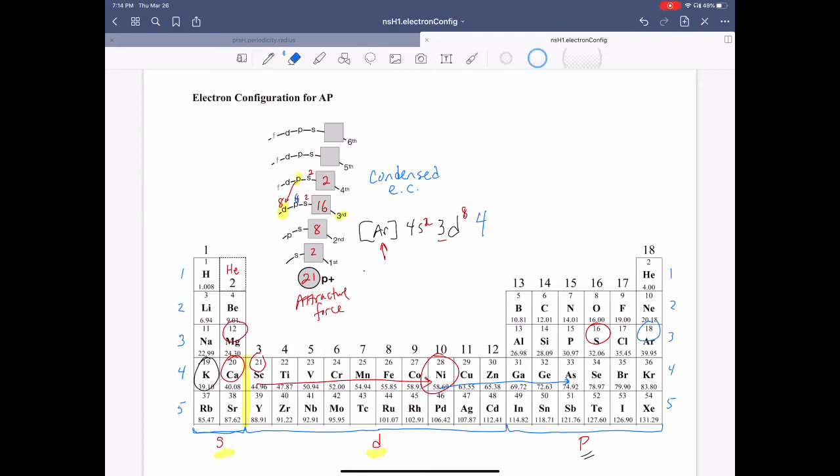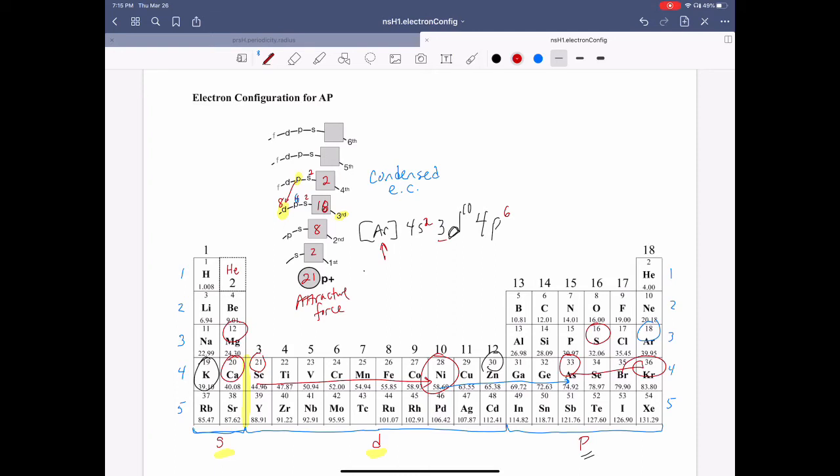So, well, I should say first we'd have to finish with d10, which would bring us to zinc, and then we would need to continue in the 4th energy level with 4p. If we were wanting to finish with arsenic, we would say 4p3. We could carry on quite similarly with krypton, which would end us with 4p6, with a total of 18 electrons in the 3rd energy level by now.